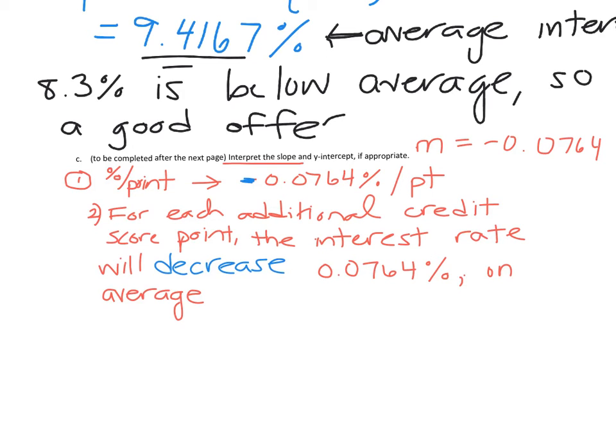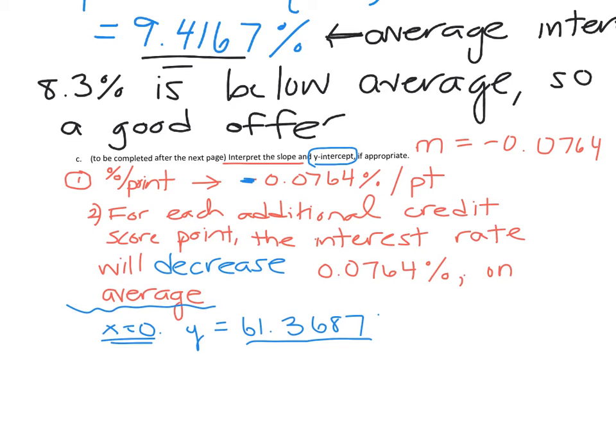Okay, so let's look at part 2, the y-intercept. We're going to interpret the y-intercept. So let's interpret it first, and then we'll see if it actually makes sense. So again, y-intercept, when x equals 0, the y-intercept in this case was 61.3687. So the 0 is the explanatory variable, so your credit score is 0. And then this is your response variable, so it's your interest rate. So this is really a percentage.